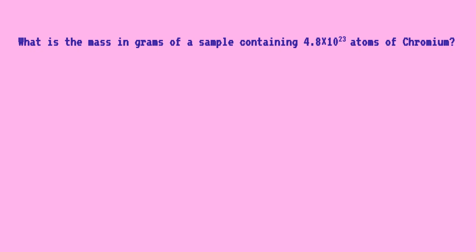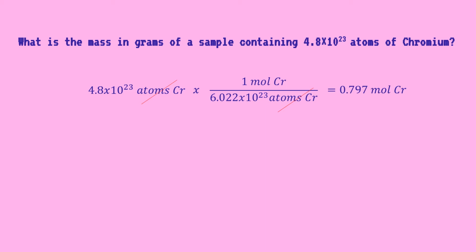Our next example. What is the mass in grams of a sample containing 4.8 times 10 raised to the power of 23 atoms of chromium? Let's put our given first again, which is 4.8 times 10 raised to the power of 23 atoms of chromium. We divide it by Avogadro's number, 6.22 times 10 raised to the power of 23 atoms of chromium. We'll now cancel the unit atoms, and what we're left with is moles of chromium.